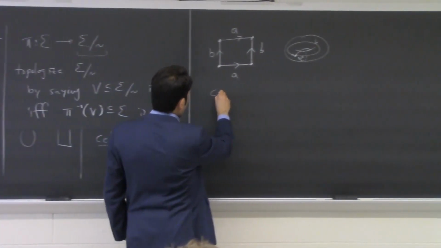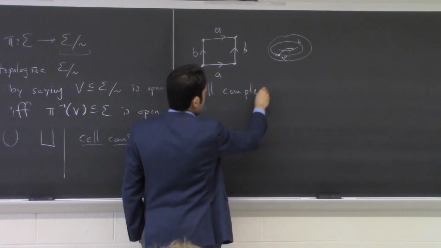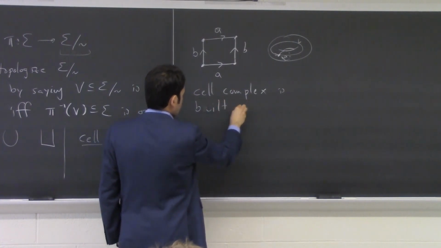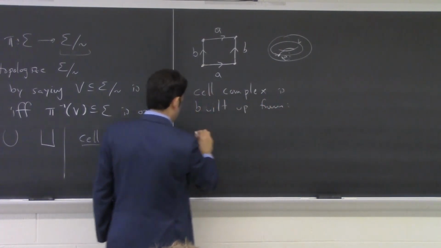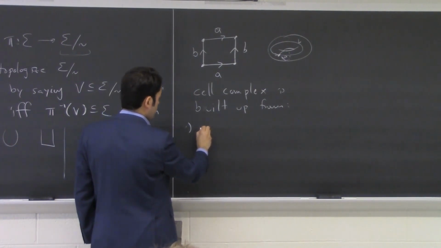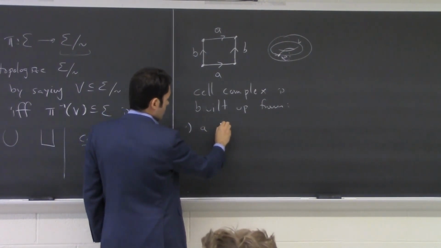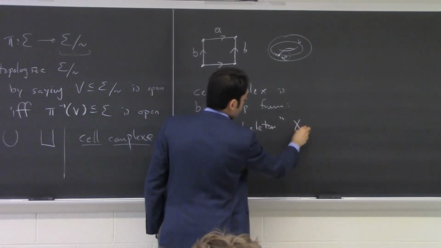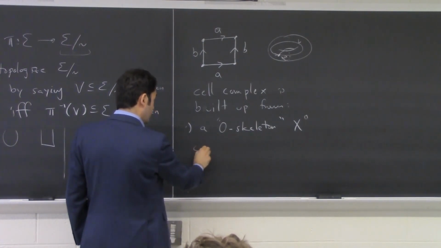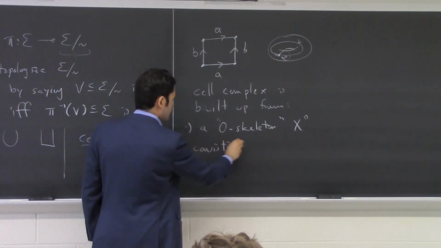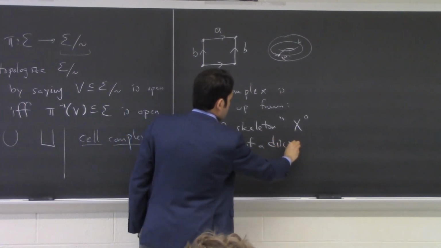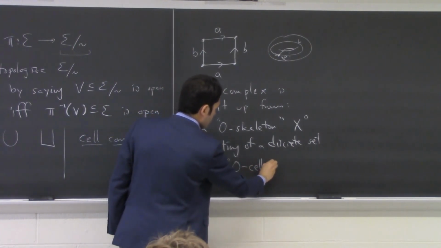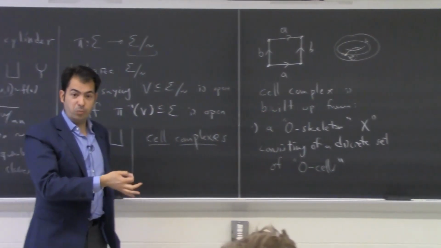So a cell complex is built up so you start out with a zero skeleton consisting of a discrete set of zero cells, so just vertices, just points.